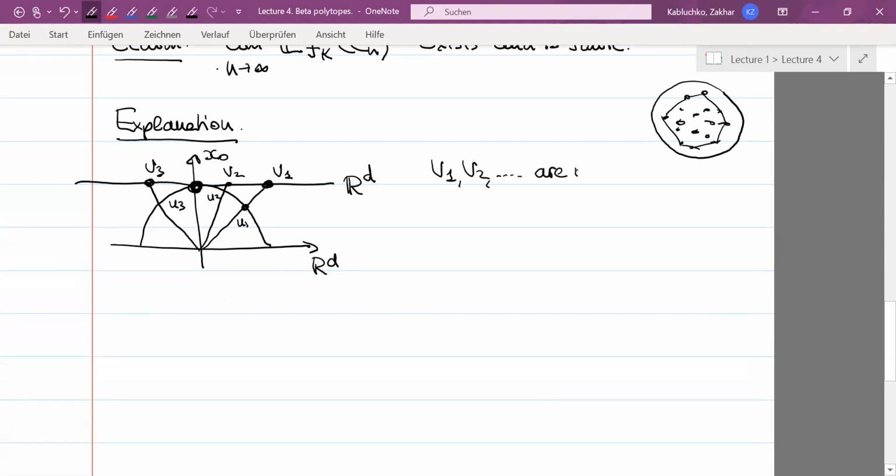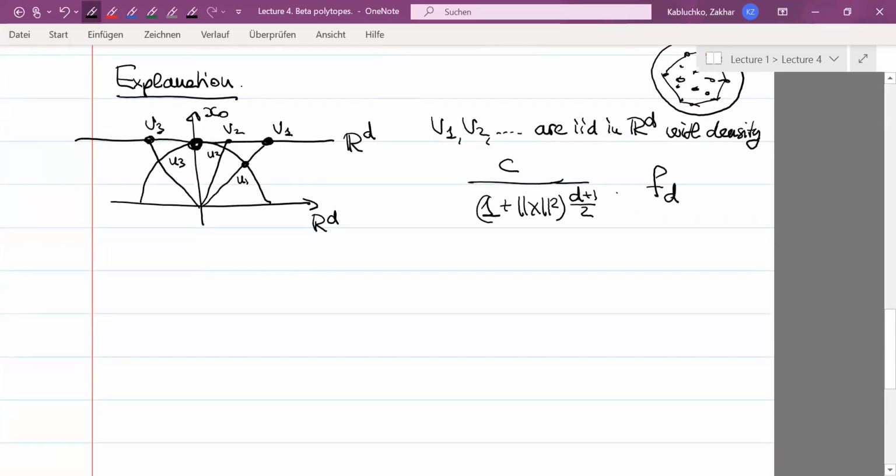These points are IID in the tangent space, which we identify with R^d, and the density is some constant divided by (1 + |x|^2) to the power (d+1)/2. So it is the beta prime density, beta prime with parameters d/2 and 1/2.